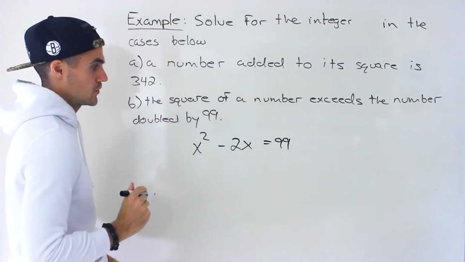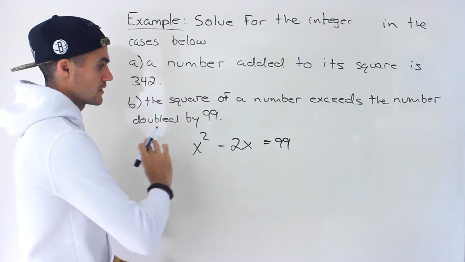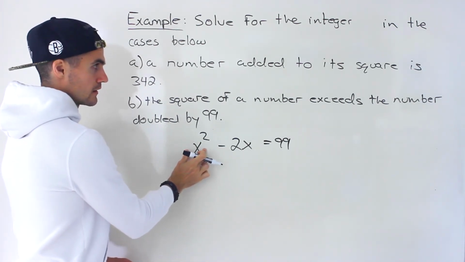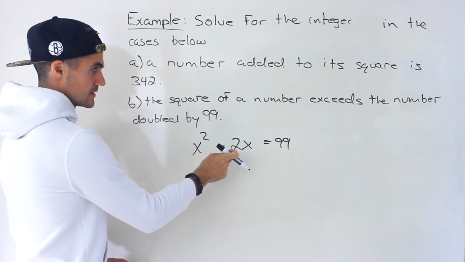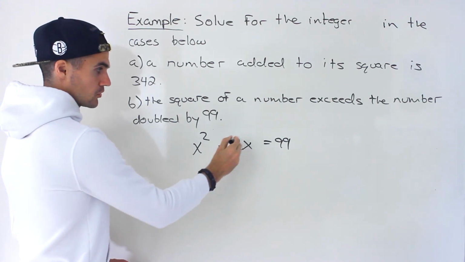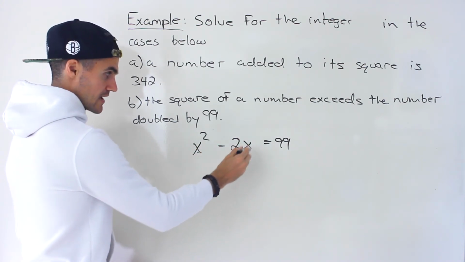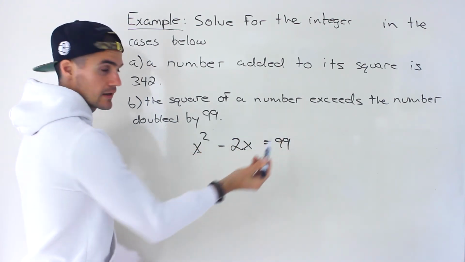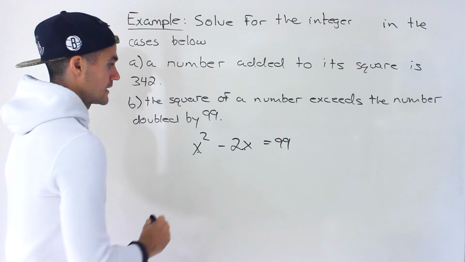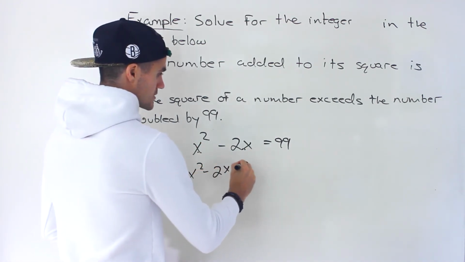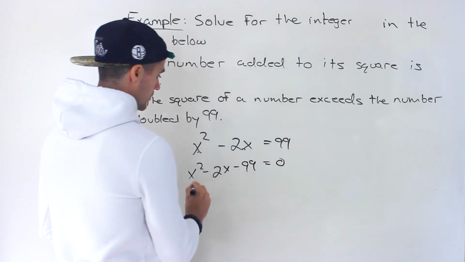That's what the equation would be. One more time: the square of a number exceeds the number doubled, so the difference between them is 99. And so this ends up being the equation, and solving it is pretty simple.